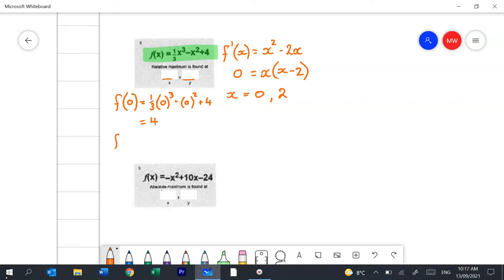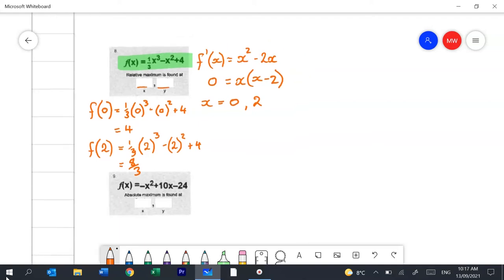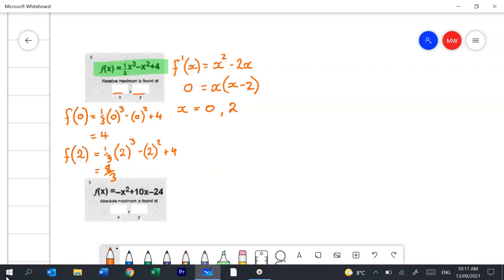And then we've got f when x is 2, and this will be a third times 2 cubed minus 2 squared plus 4, and so this one will be 8 on 3.